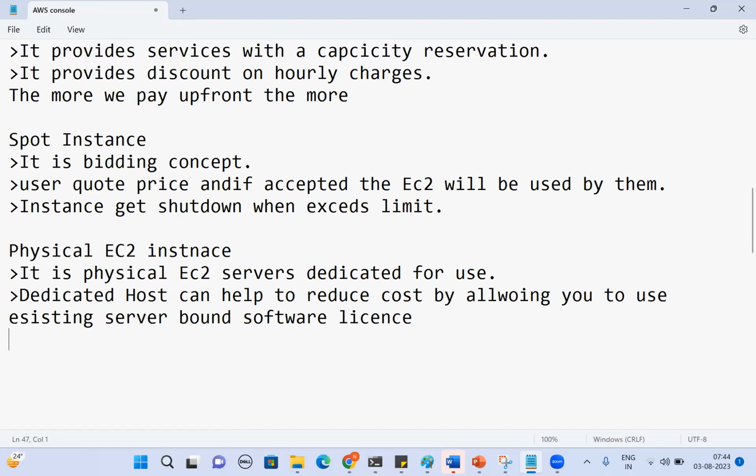The example for this I can give is Oracle. If you have Oracle installed on your physical machine and you want to use it, in that case the physical EC2 instance will come.